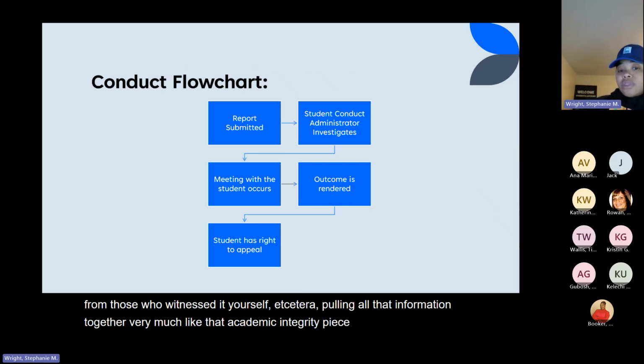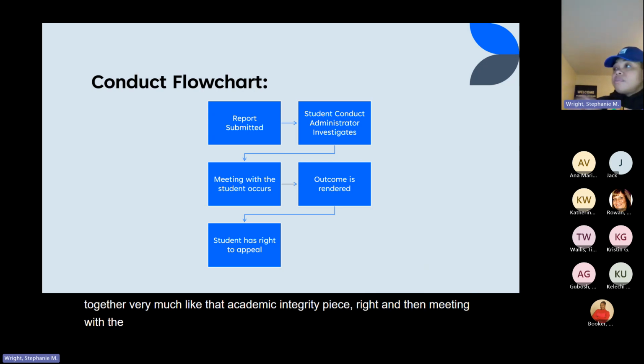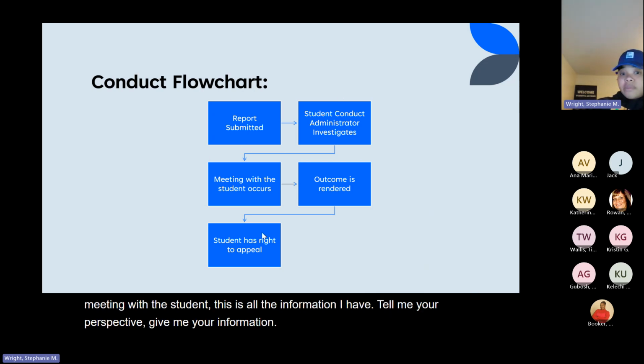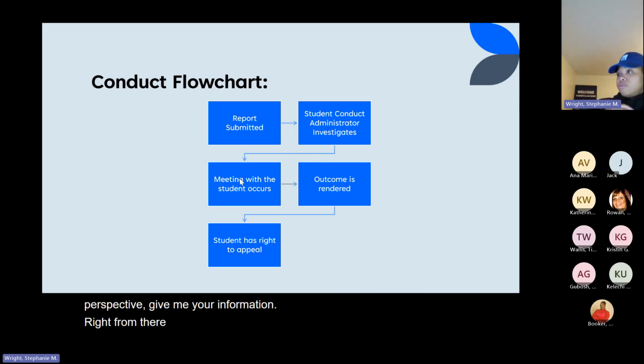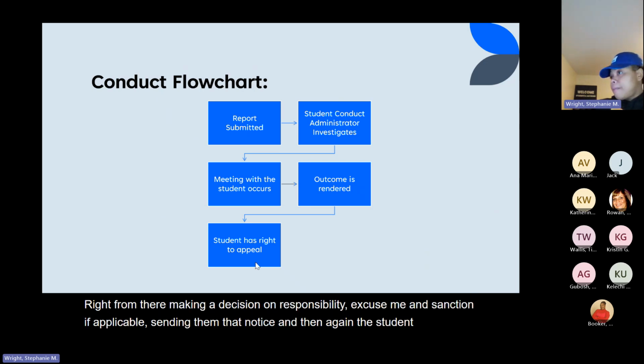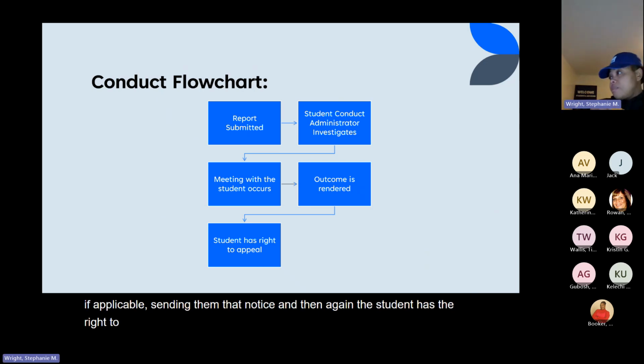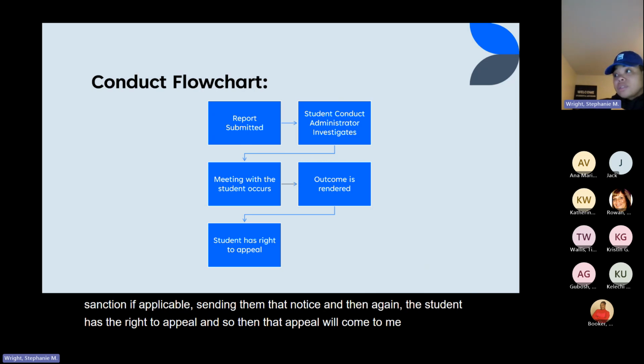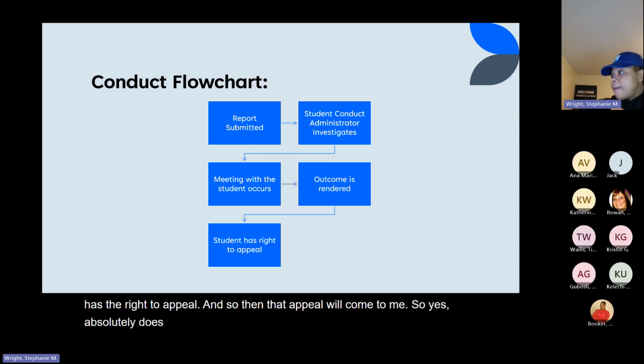And then meeting with the student: this is all the information I have. Tell me your perspective. Give me your information, right? From there, making a decision on responsibility, and sanction, if applicable, sending them that notice, and then again, the student has the right to appeal. And then that appeal would come to me. So yes, absolutely does align.